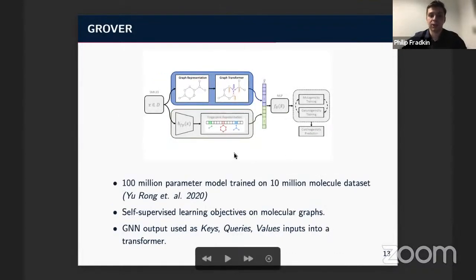So Grover is a 100 million parameter model trained on 10 million molecules by Rong et al. in 2020, so it's not us, and it uses self-supervised learning objectives on molecular graphs, and it uses a graph neural net output and feeds it into a transformer, as described earlier.